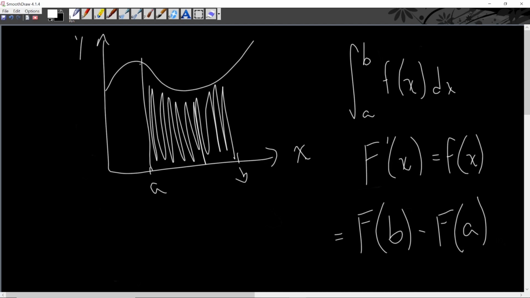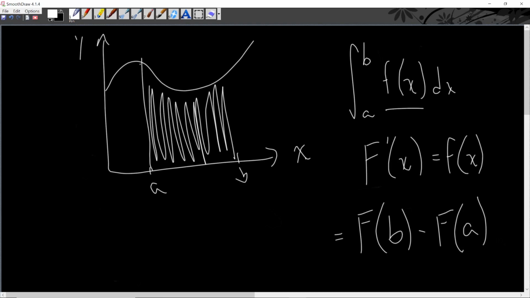In case I'm not making myself clear, f of x is the derivative of some function, and f of x only shows us part of the picture. It shows us the instantaneous rate of change at any given x value. But when we anti-differentiate, we're getting the original function, and when we plug in our values, we should be getting the area under the curve between 2 points on an interval.